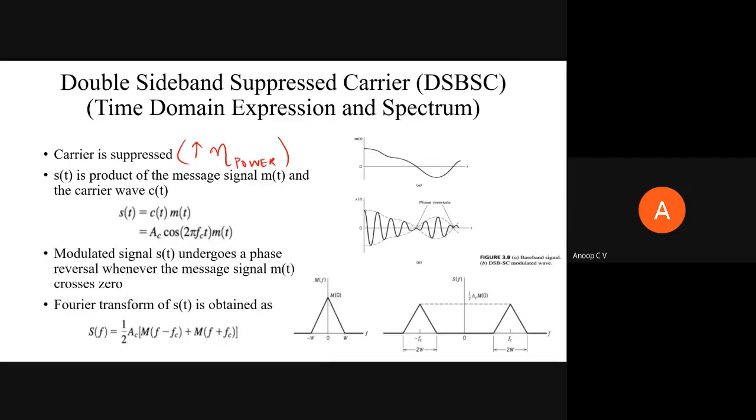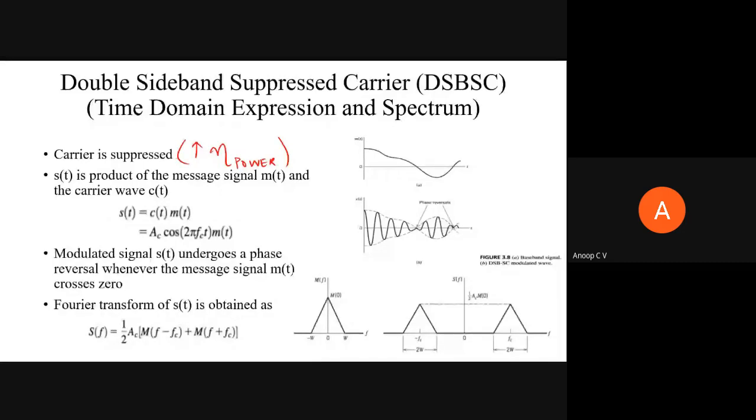We have here Ac by 2, Ac by 2, then m of t into e power j 2 pi fct plus m of t into e power minus j 2 pi fct. Someone has typed in something. Rohan has messaged that he has a problem with the microphone.